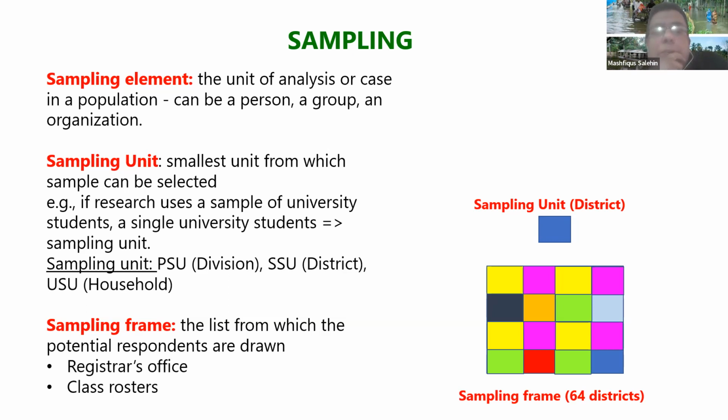For example, if I'm studying 100 unions or sub-districts in my coastal area, and then from each union I sample my households, then the unions will be my sampling unit. There can be sampling units at different levels: division level, district level, or even household level.